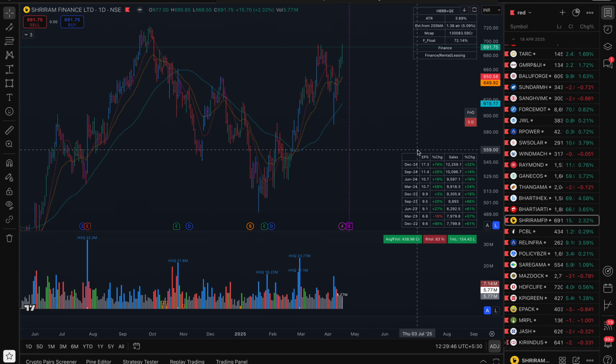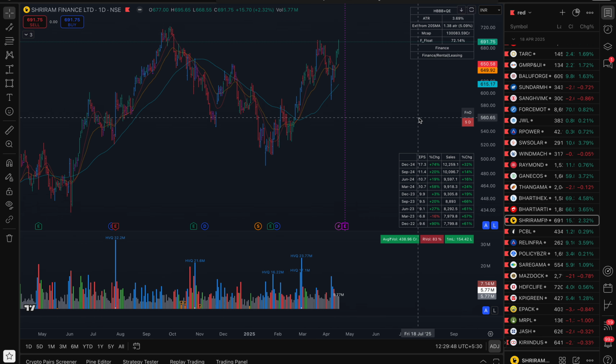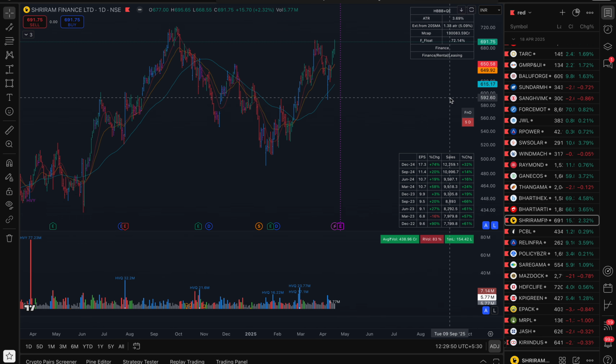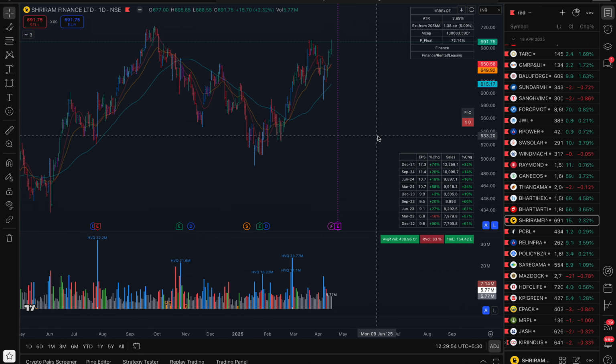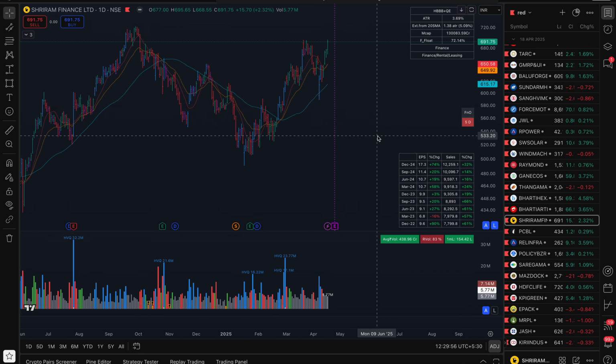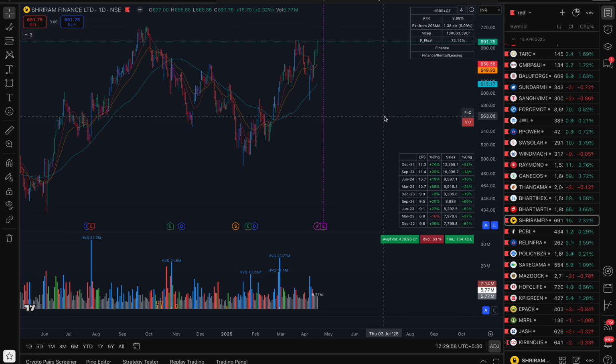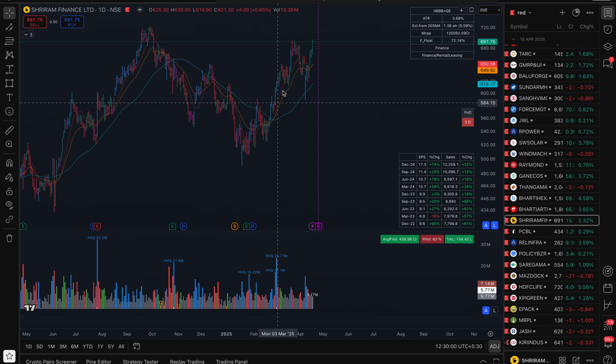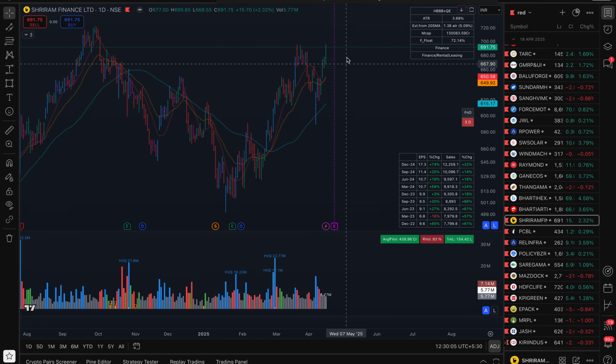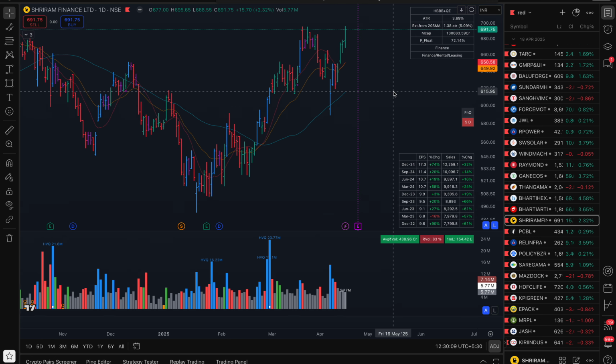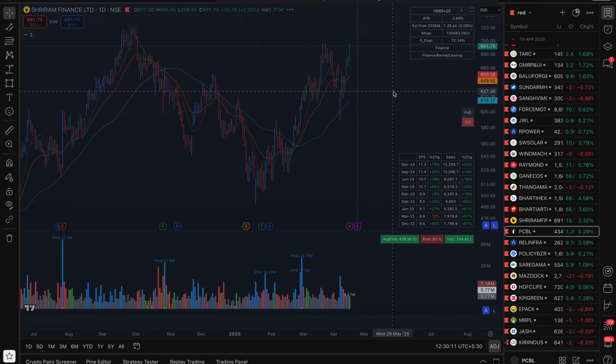Shriram Finance. Now this is a base which is slightly maturing, and also again this is coming from a larger cap, and you can see this is the bigger cup, possibly the handle, and then it's around the high of the handle. So it's a good one.